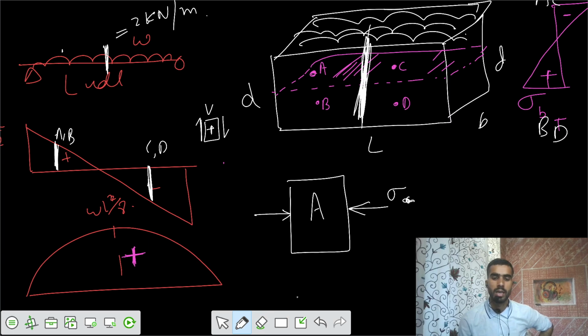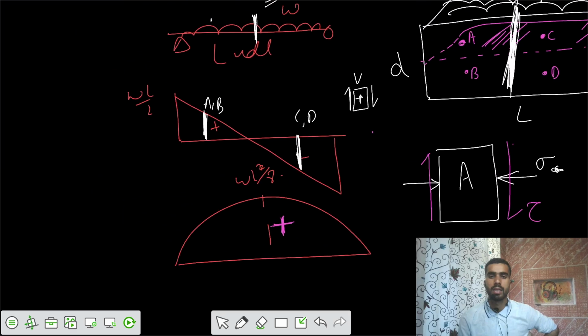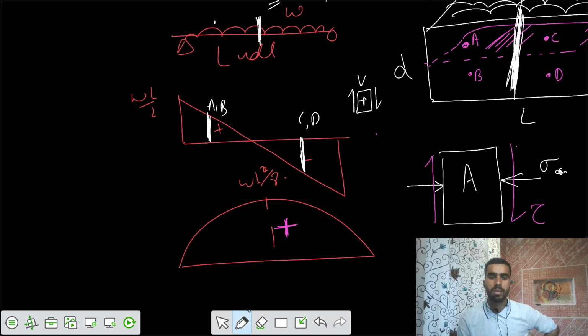If your shear force is in this direction, I can make the shear stresses now. This is your shear stress tau. If this is V positive, the shear stresses in this direction are negative. Tau is negative.